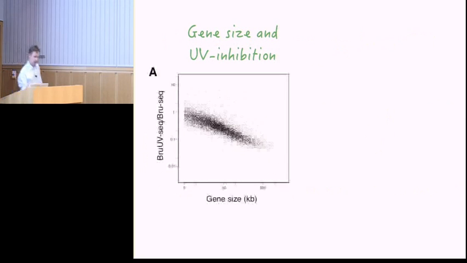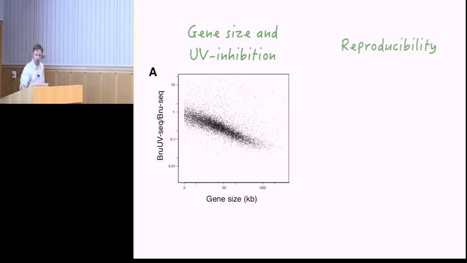Just first, when you shine something or you give cells something that randomly blocks transcription, the larger the gene is, the more inhibition you will see. This is nothing new, this is totally expected. So the gene size, when you look at the signal you get following UV, it will decrease as a function of UV light.